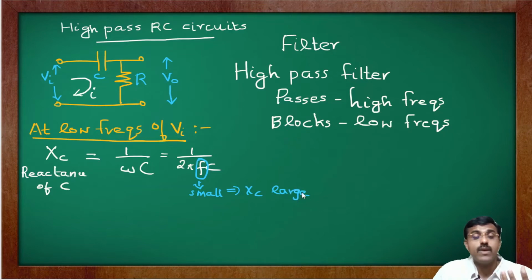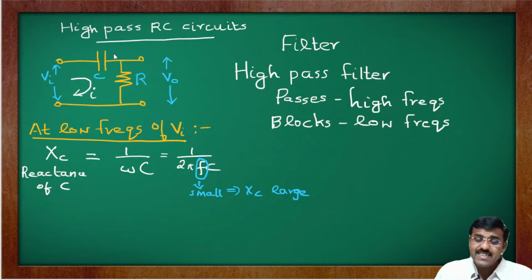The reactance of the capacitor becomes very large, because reactance is frequency dependent. Reactance X is equal to 1 by omega C, or 1 by 2 pi F C. So at low frequency values, since F is small, X is large.